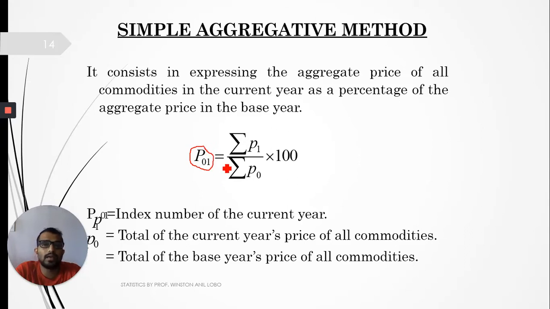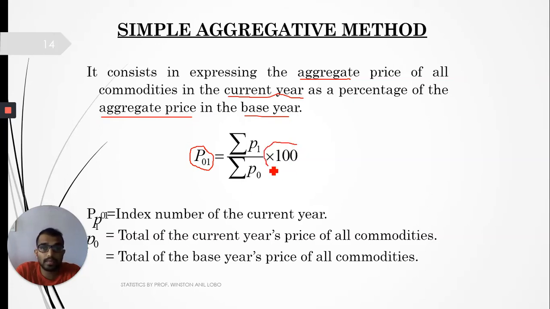P01 equals summation P1, the total price of the current year, divided by summation P0, the total price of the base year, into 100.